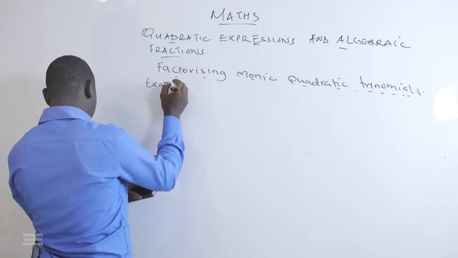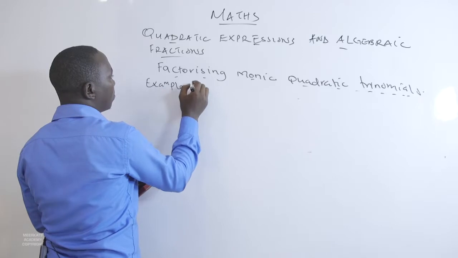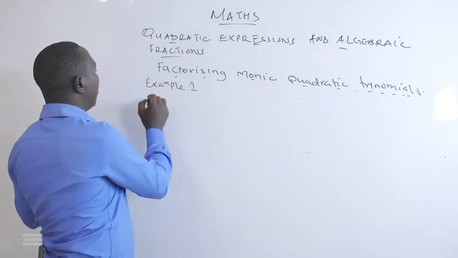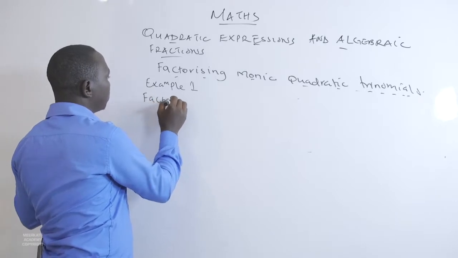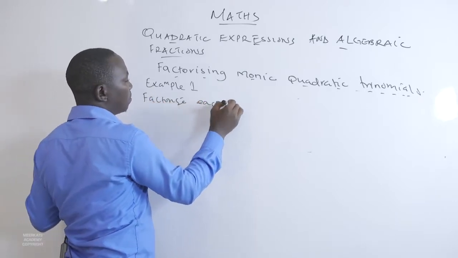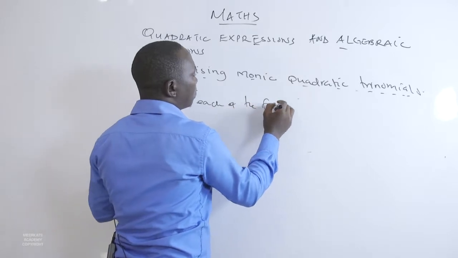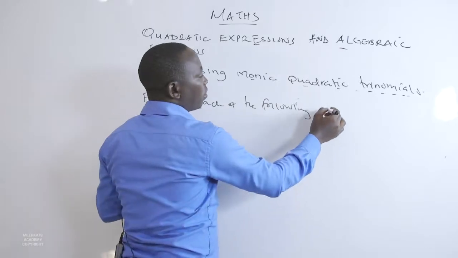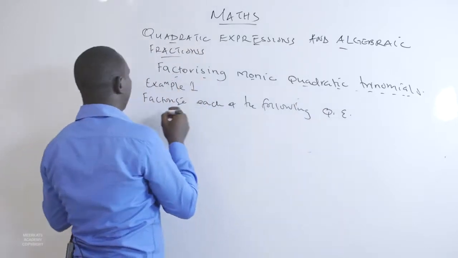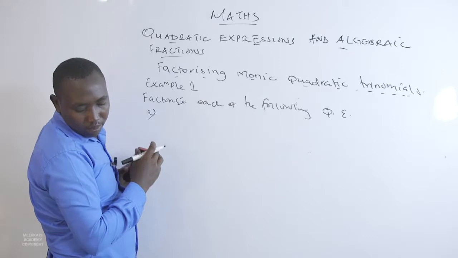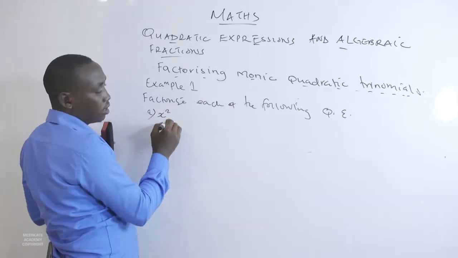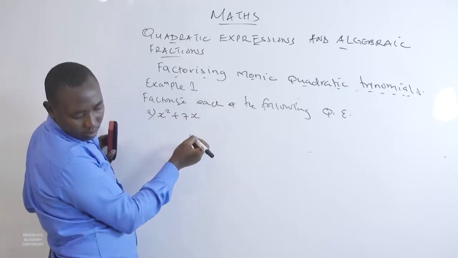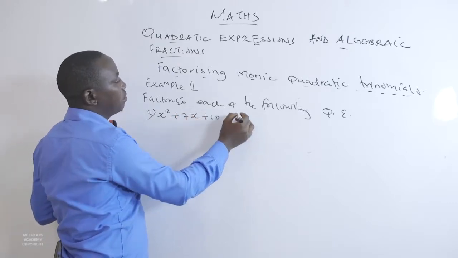Example 1. We are told to factorize each of the following quadratic expressions. Number A, we have x squared plus 7x plus 10.